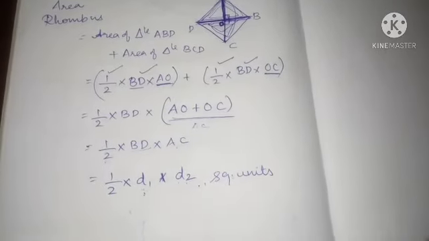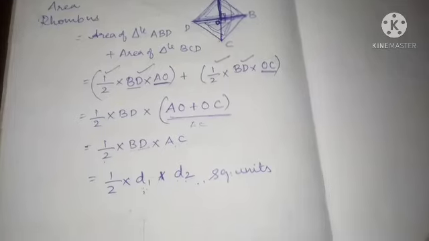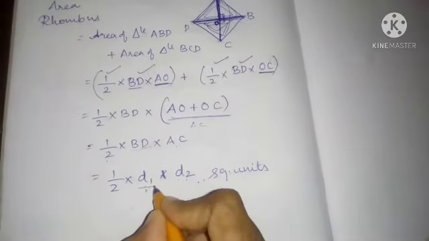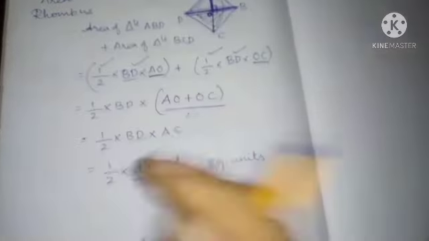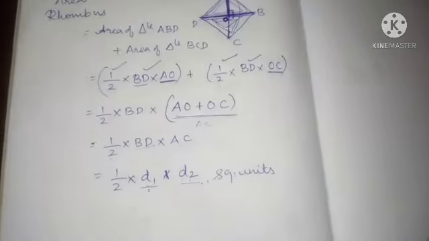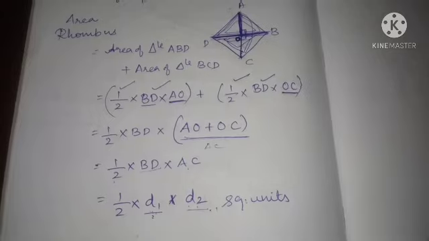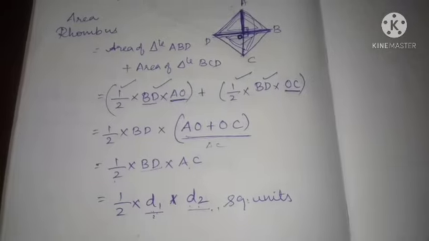This means if you know the length of diagonal number 1 and diagonal number 2, just substitute, multiply and write it. It will be very easy to find the area of a rhombus if the diagonals are given.